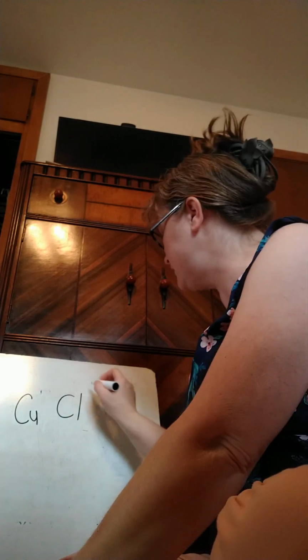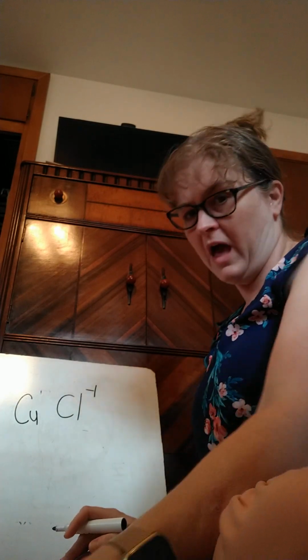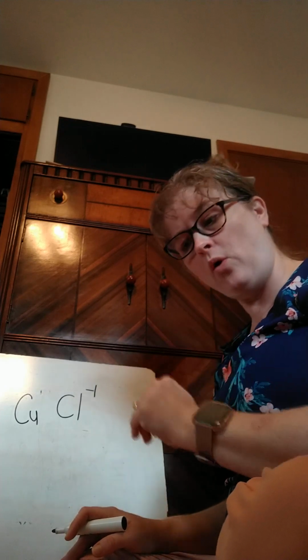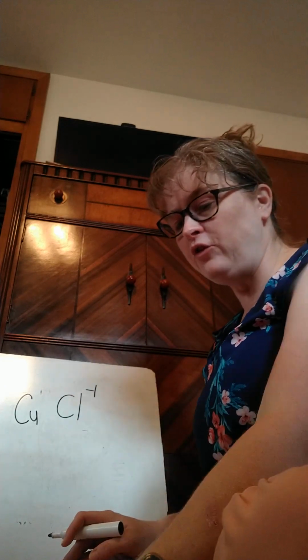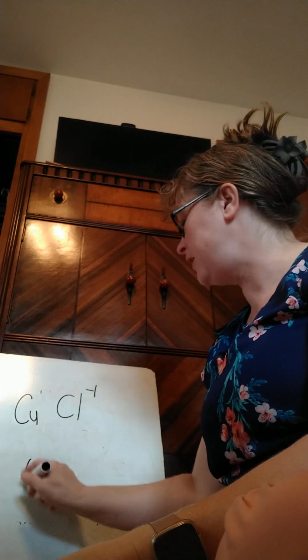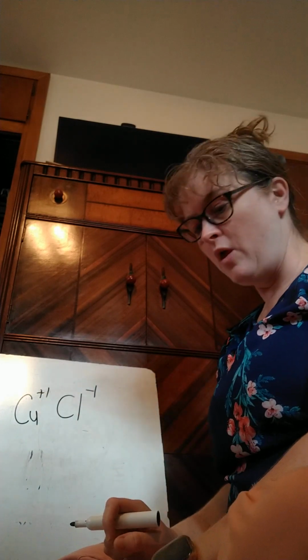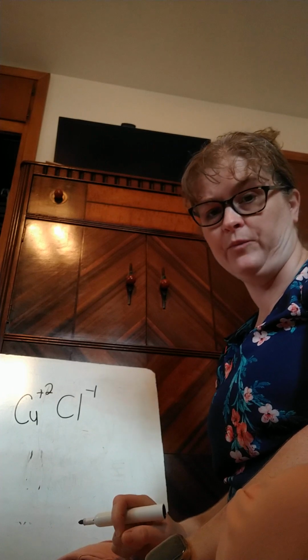Chloride, we know from the periodic table, is -1. Copper can be +1 or +2. And you'll see in your notes, it says copper, and then it has the Roman numeral 1 in parentheses. That tells us that its charge is +1. If it had the 2 in parentheses, then it would be +2.